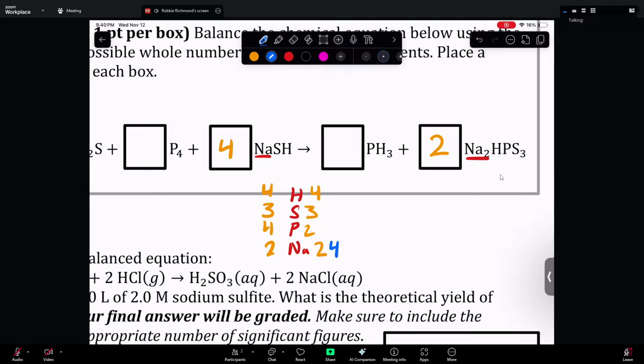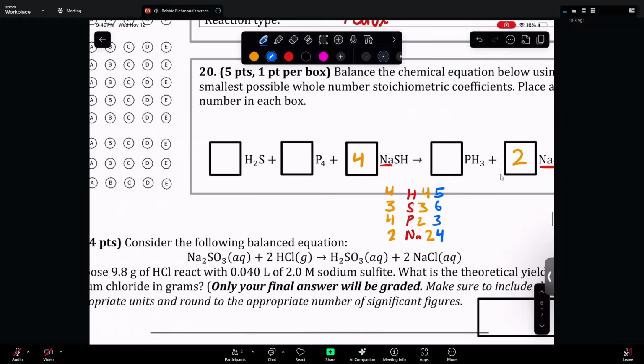Phosphorus, we have 3. Sulfurs, we have 6 here. Hydrogens, we have 5.